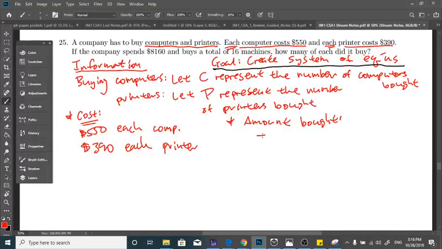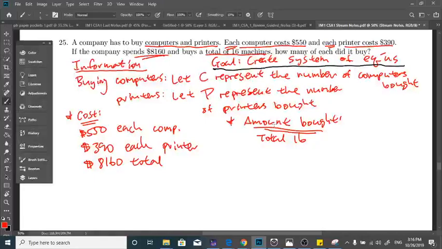So what we know is total 16. And we know one more thing about cost. So combined, 8,160. And then we know information about the amount bought, which is 16.